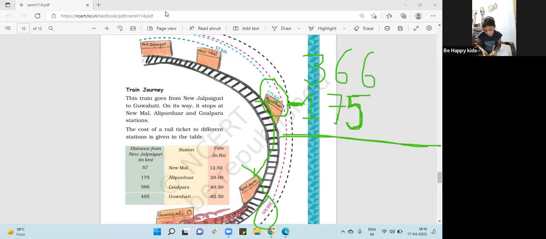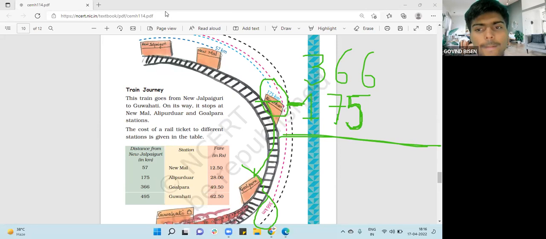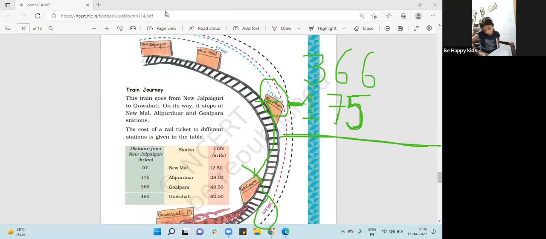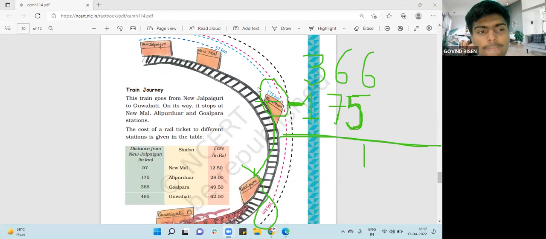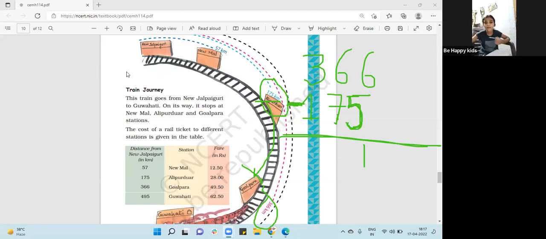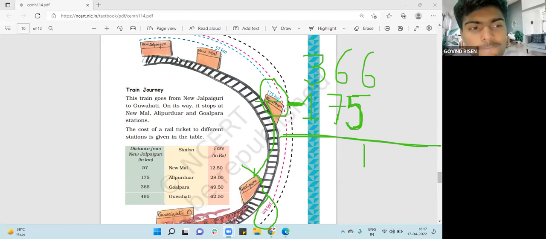I have to put 11 and put 1 here. We have to subtract 7 from 16, and 16 minus 7 is 11. No, 16 minus 7 is not 11. Count it once again.